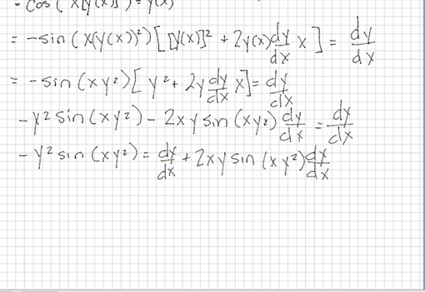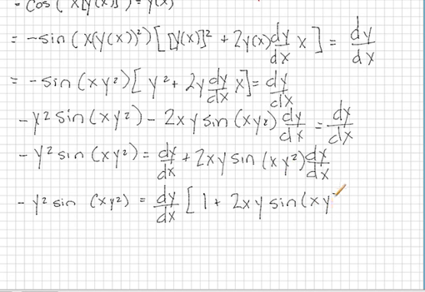And we can now factor out these dy dx terms. And the right-hand side will turn into dy dx times 1 plus 2xy times sine of x times y squared.